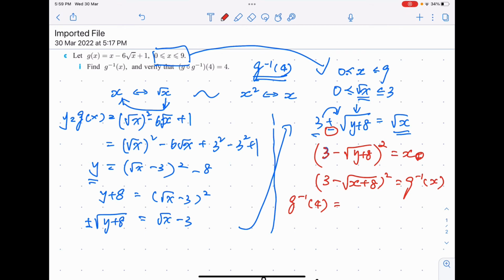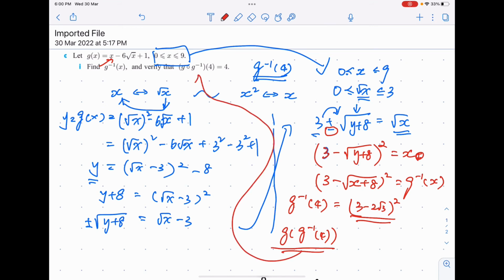Okay, so the next step that we get into is basically looking for the inverse of g at 4, which would equal 3 minus 2 root 3, squared, and then put that number into the g(x) here. We'll realize that g composite with g inverse of 4, notice that this notation is the same as this notation, okay?